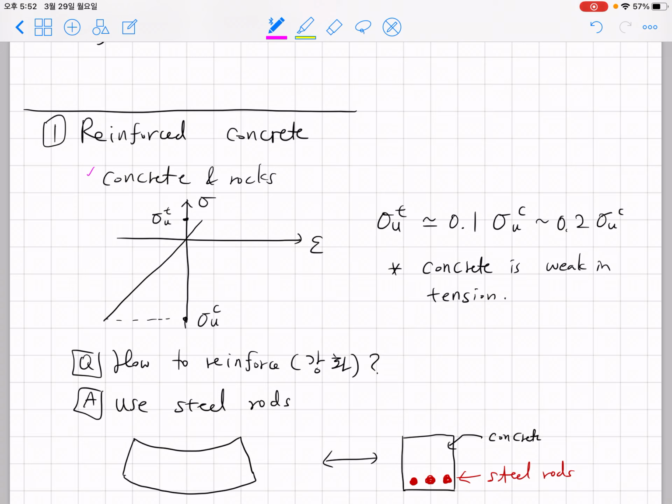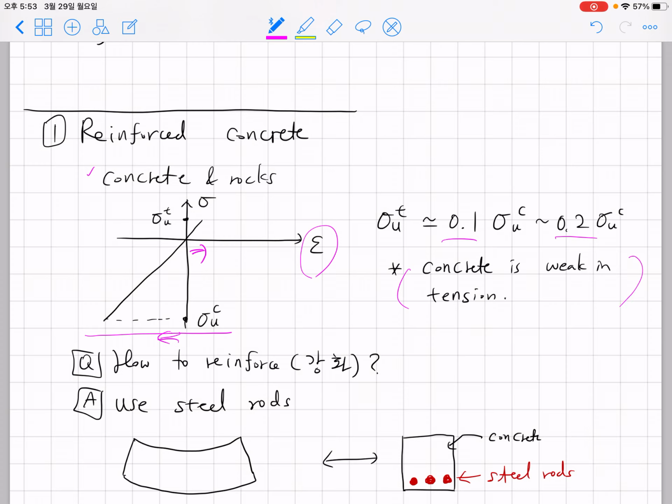Concrete and rocks sustain compression very well when strain is negative. You can see that it can sustain quite large stress until failure. However, under tension, or when strain is positive, the maximum strength is about 10 to 20% of the ultimate strength under compression. So, in short, concrete is very weak in tension.